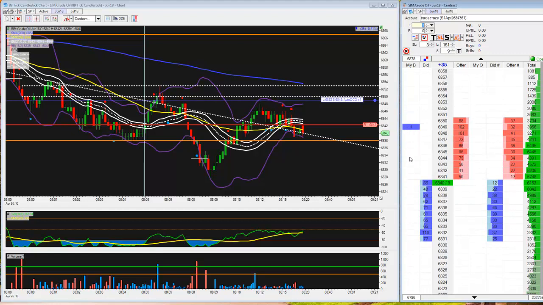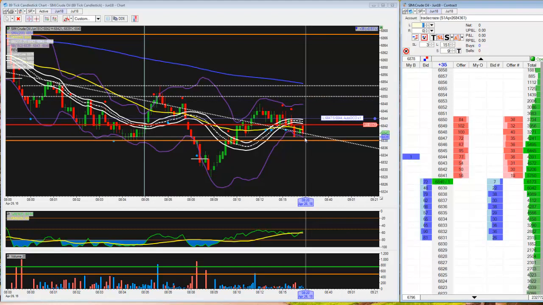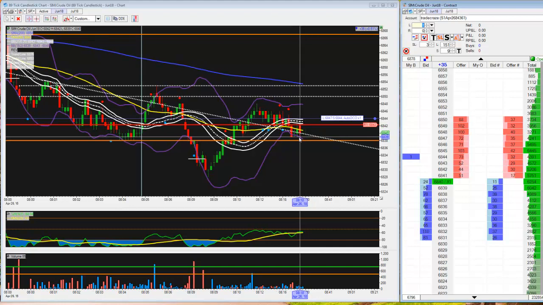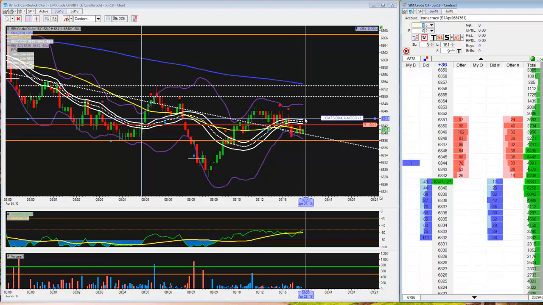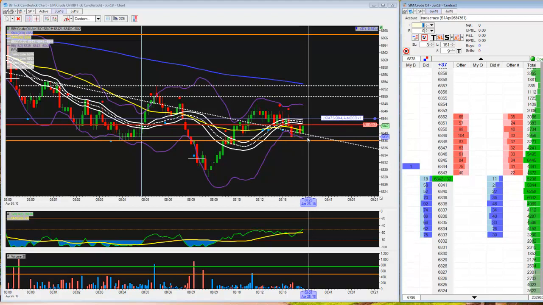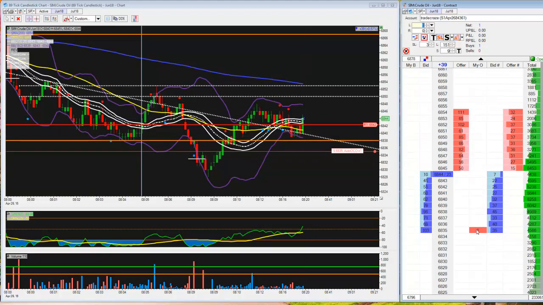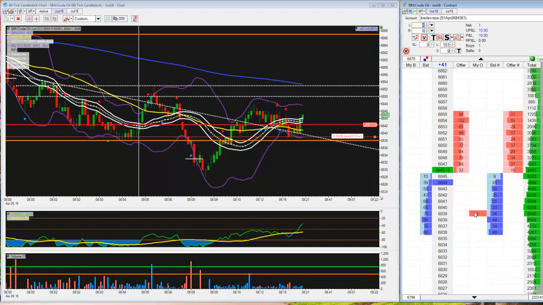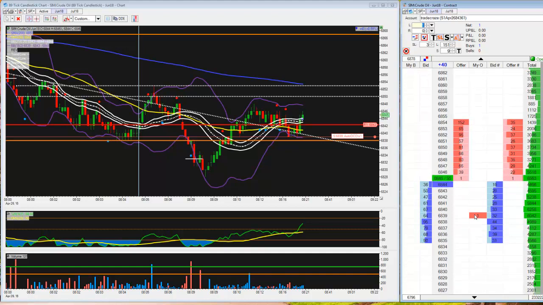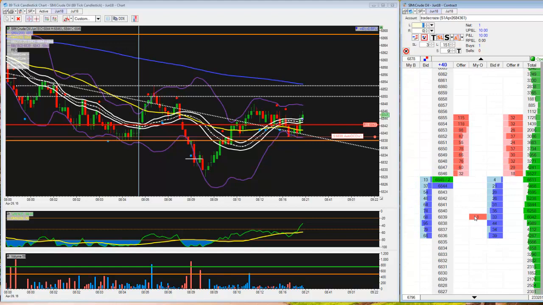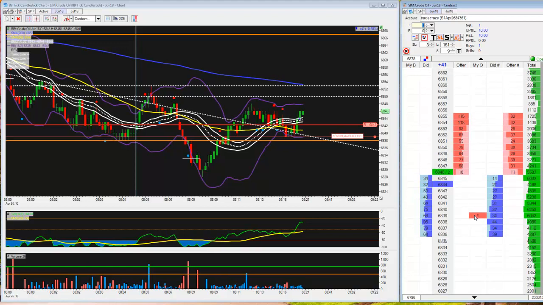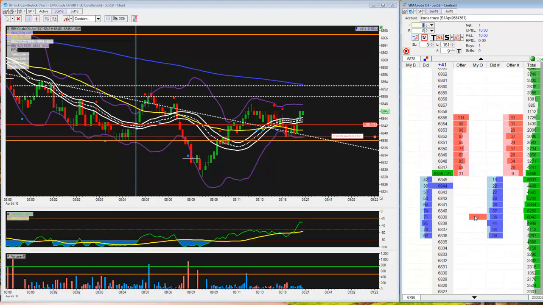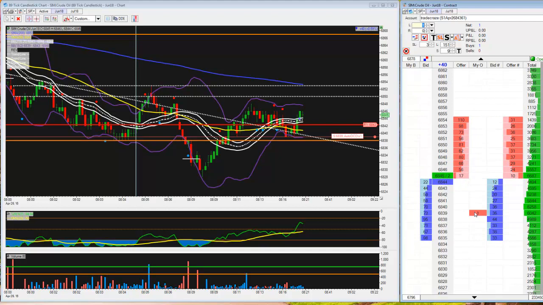Okay, we're going to attempt a long at 44. This holds right here, that'll be our stop, this 39 right here. If this doesn't work out, we'll wait for another 1,000 bar to print.